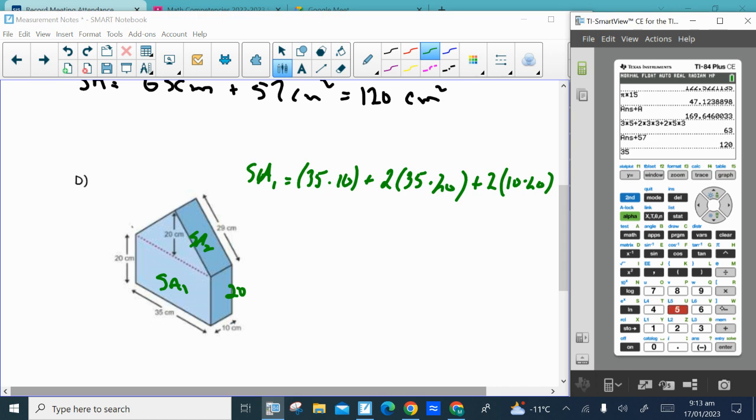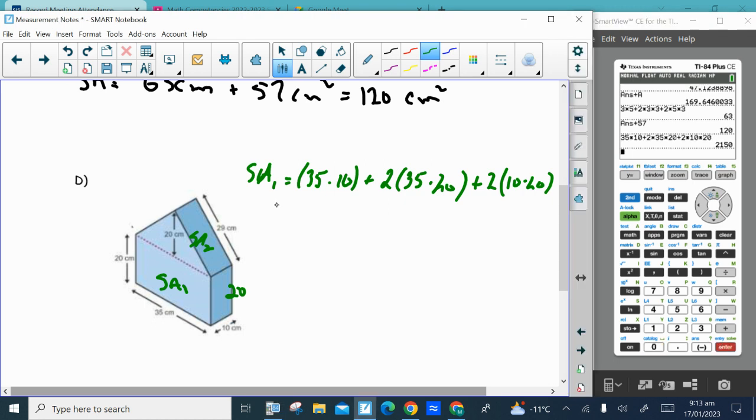So we can put this in our calculator. 35 times 10 plus 2 times 35 times 20 plus 2 times 10 times 20. 2150, exactly. And that'll be in centimeters squared. So there's surface area 1.